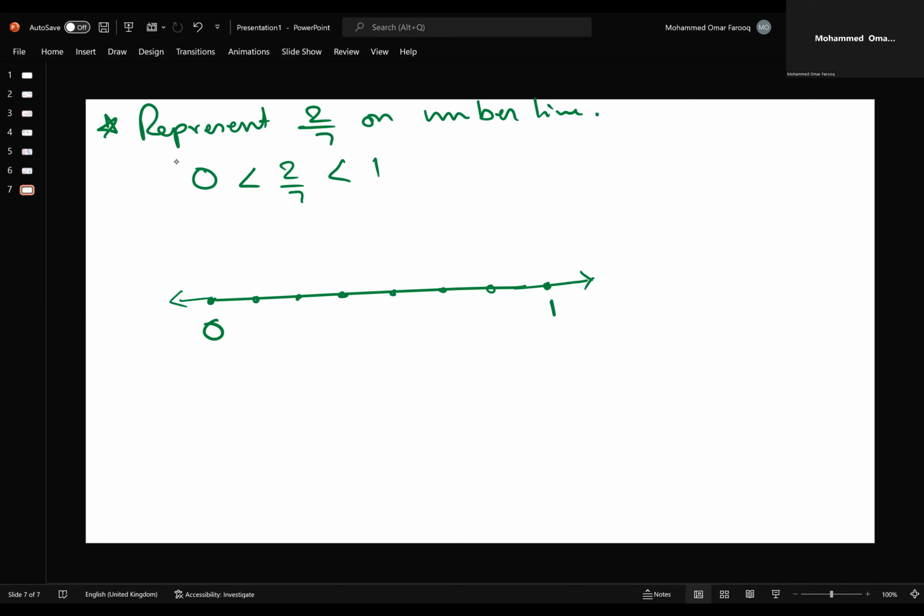Now 0, how can you write it with denominator 7? 7 zeros are 0, so you can write it as 0/7. And 7 ones are 7, so you can write it as 7/7. So what are the numbers here? 1/7, 2/7, 3/7, 4/7, 5/7, 6/7. So now where is 2/7? This is how you represent it. Understood?